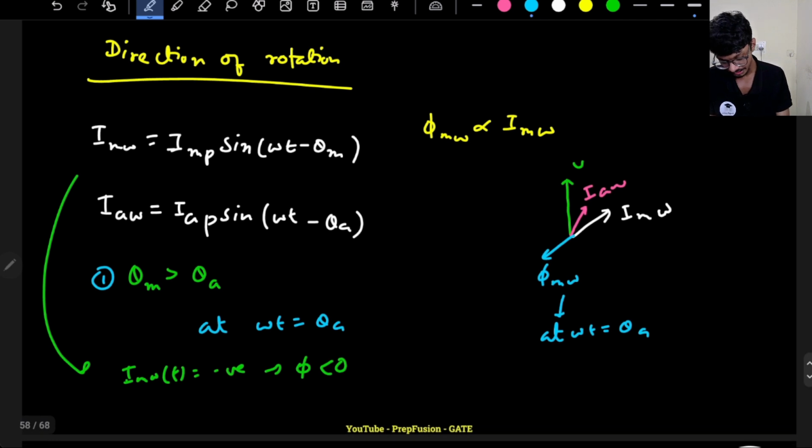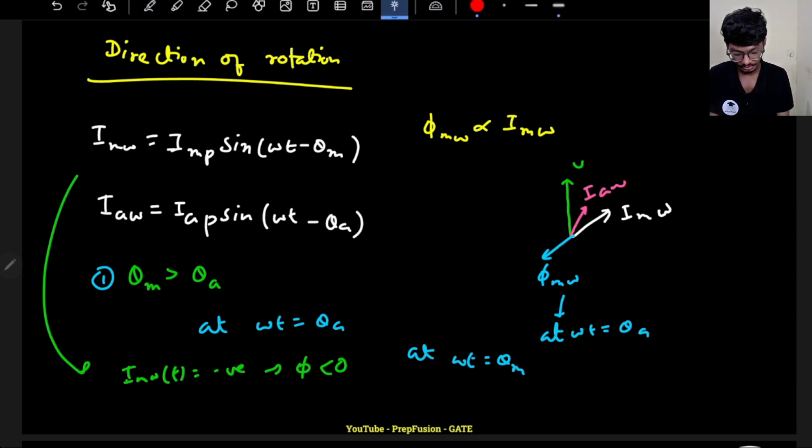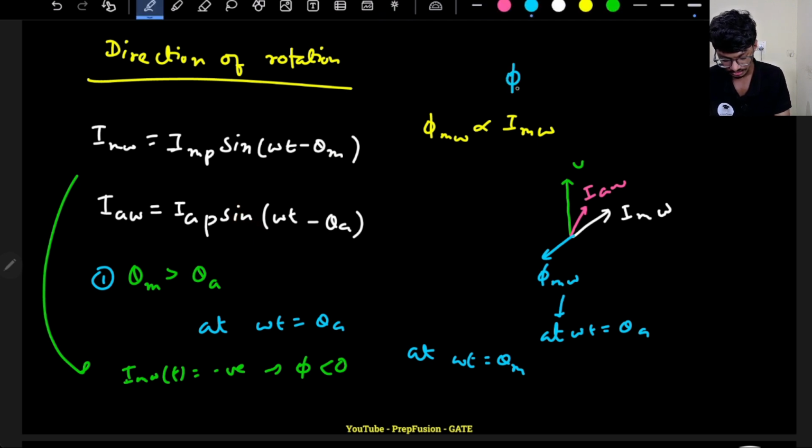Now the second time instant I will take is at omega t equals theta_M. At omega t equals theta_M, the main winding current will be 0. But remember, your overall flux, phi resultant, is the sum of the main winding flux plus the auxiliary winding flux in the air gap.